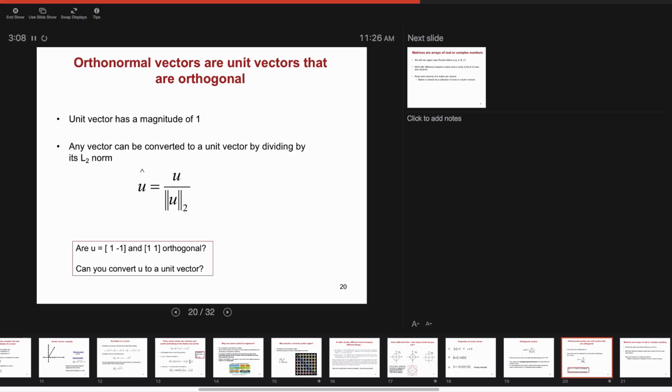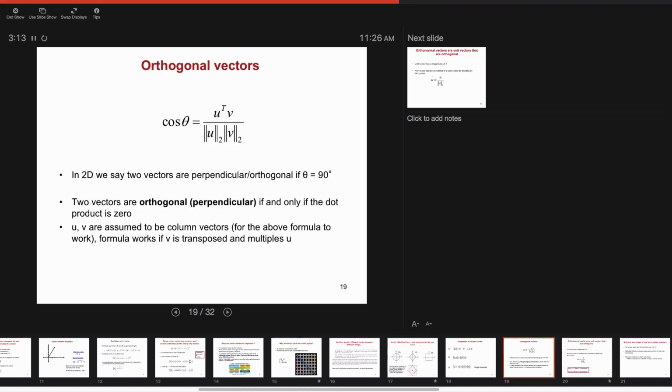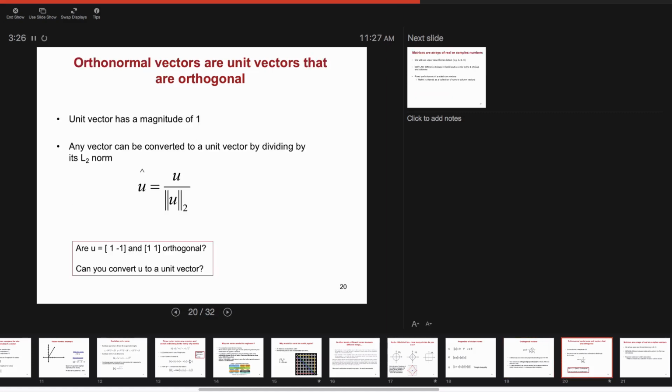So when I take cosine theta, using the previous rule, the dot product of those two vectors, which is u transpose v, is 1 times 1 plus minus 1 times 1, right? So that's 1 minus 1, that is 0. Cosine theta is equal to 0. Theta is 90 degrees, and that's orthogonal, right?